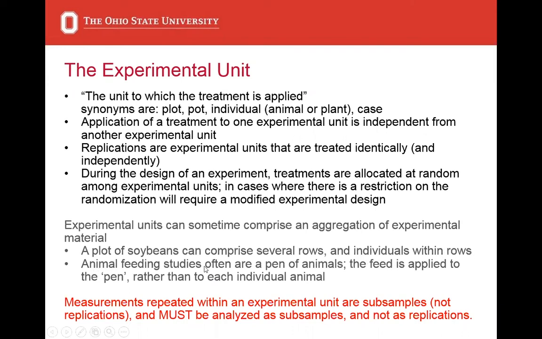In animal feeding studies, treatments are often applied to a pen of animals. The feed, say in a feeding study, is applied to the pen rather than each individual animal. So we'll look at some examples in a little bit of different types of experimental units and identification of those.